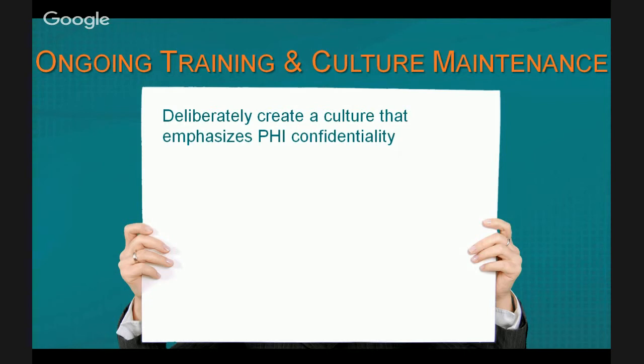Creating this culture is just so important, and we recommend deliberately creating a culture that emphasizes PHI confidentiality. You can do this in a number of ways. I'm going to mention five in closing. The first is speaking often about the importance of trust in the patient-provider relationship.